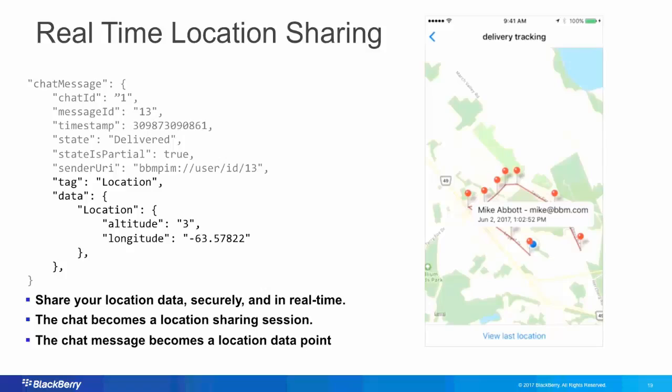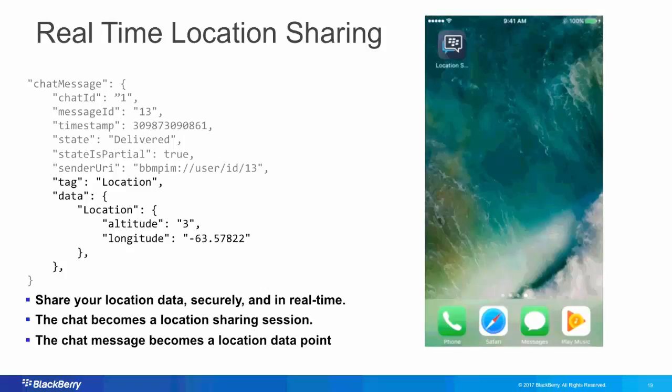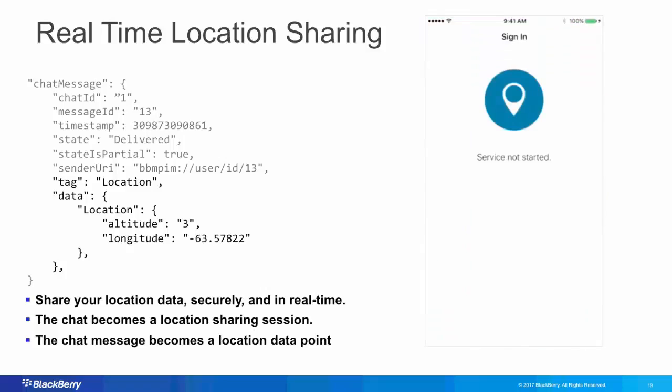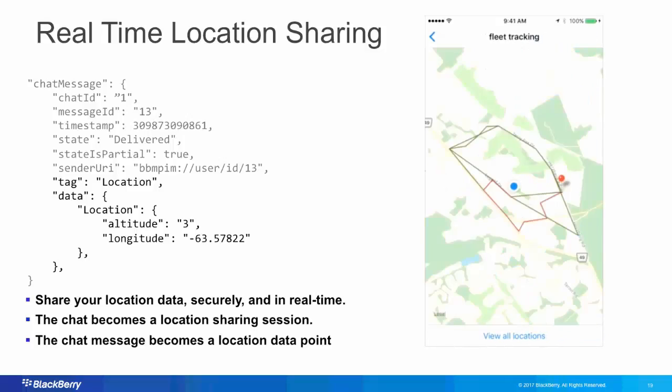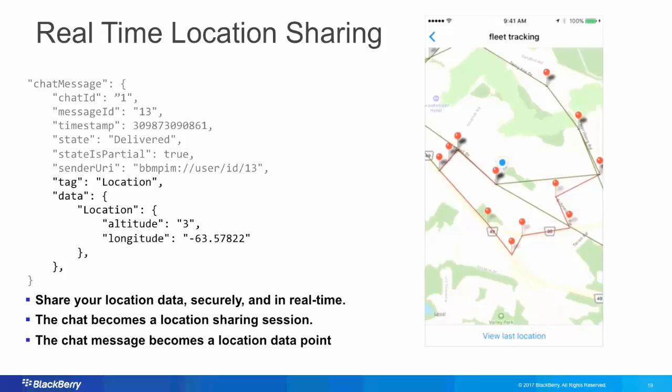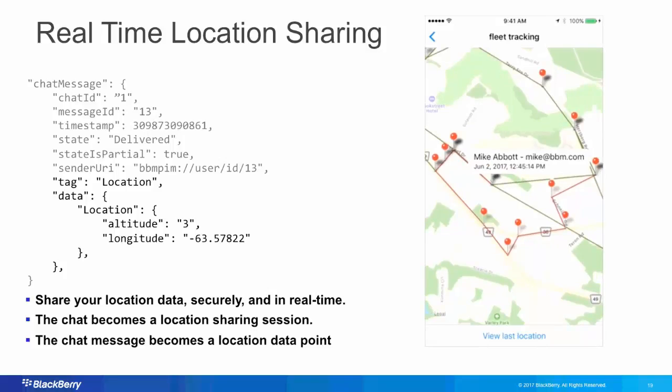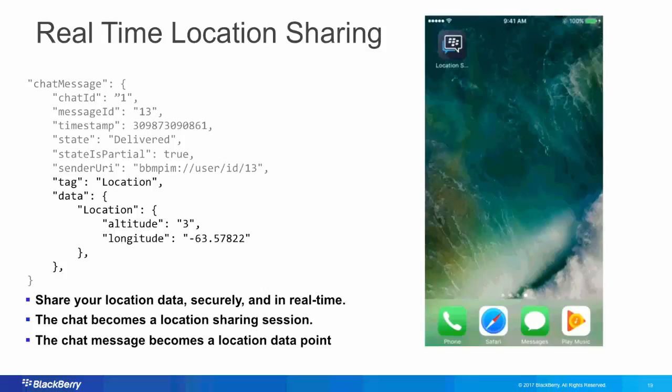This application also highlights how you can define your own custom application type, data type, and custom application data, and pass that in the chat message. So you can see from the JSON blob on screen, we've defined the data type here to be location, and the data that we're passing here are just the location coordinates.